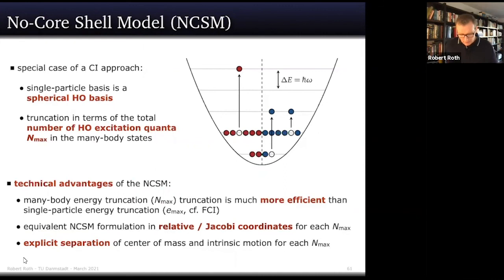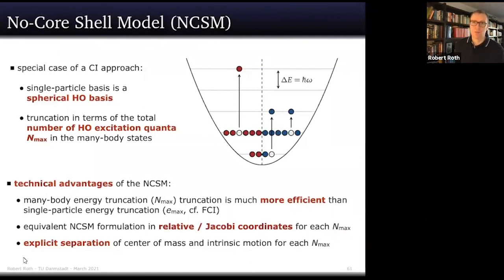You can use these relative or Jacobi basis states as we did for the deuteron, but equivalently, you can go to this single particle basis where you need this extra transformation and where you can use second quantization. Both of them are equivalent.